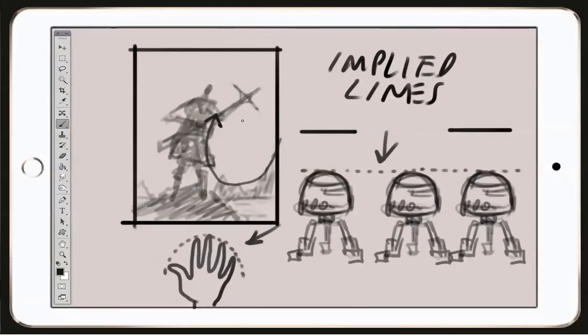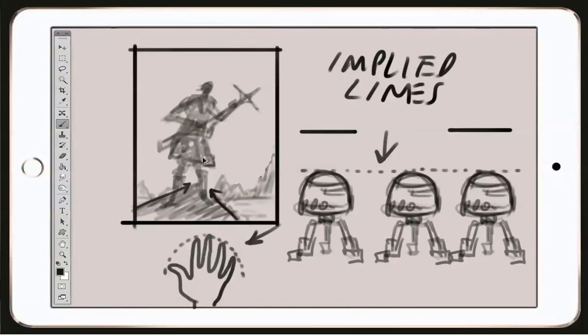So these kind of implied lines or invisible lines or subjective lines, they need to lead to the center of interest. You can't have them moving away in all sorts of different directions that don't lead to the center of interest. The edge of this rock that he is standing on here, those edges lead up toward the figure like that.